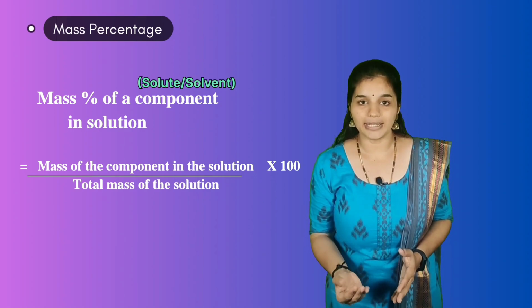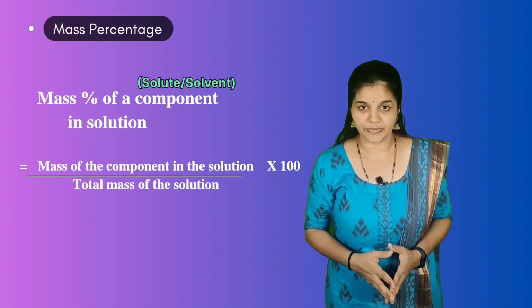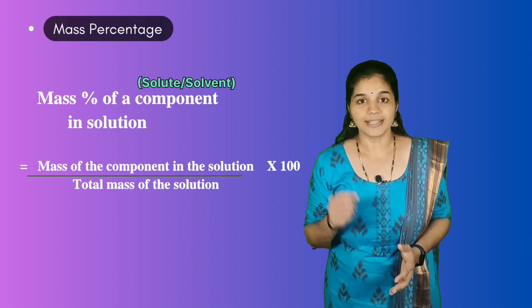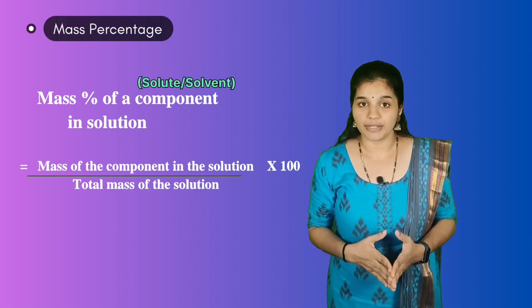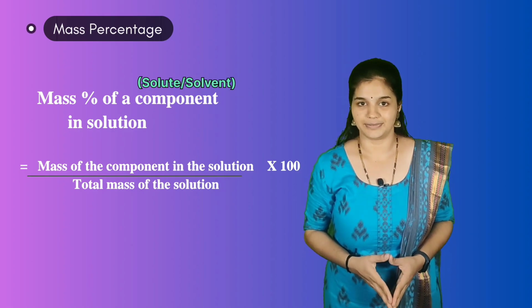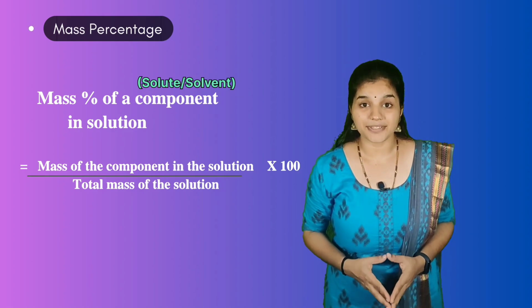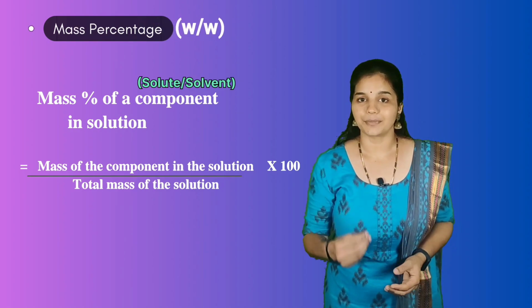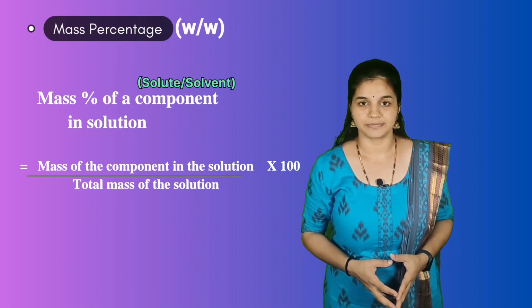If we want to determine the mass percentage of solvent, mass percentage of the solvent is equal to mass of the solvent divided by total mass of the solution into 100. Mass percentage is represented by W by W. The W here represents mass.